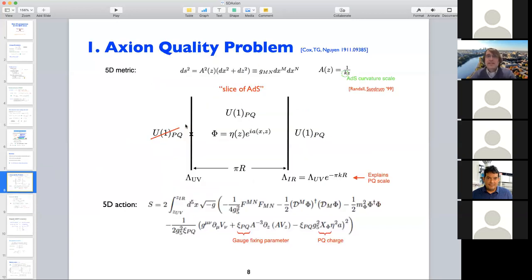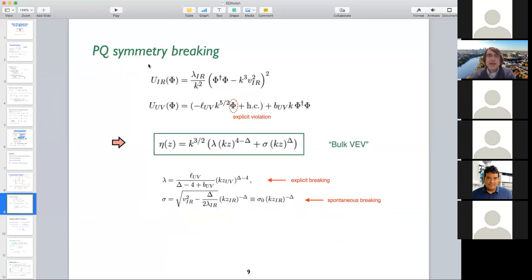And so now it's just a question of solving this model. I don't want to get into all the details there, even though I've written out the action, etc. It's just a standard procedure that you solve this action with boundary conditions. And here are the boundary conditions. The boundary conditions are just chosen so that you have a spontaneous breaking of the Peccei-Quinn symmetry on the IR boundary, and you have an explicit violation of the Peccei-Quinn symmetry on the UV boundary.